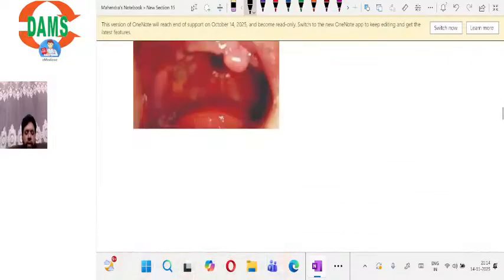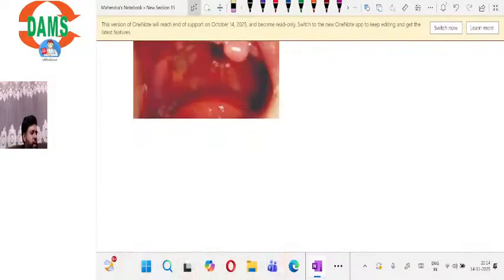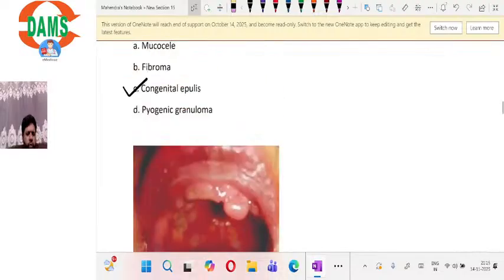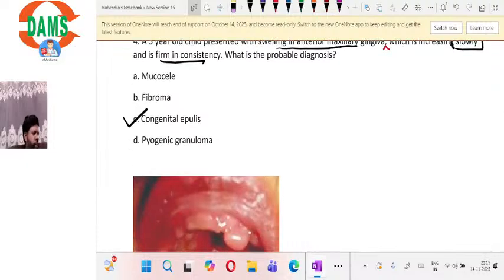Okay, let us move to the next question here. Fourth question, neurofibroma. No, neurofibroma can't be an option here.